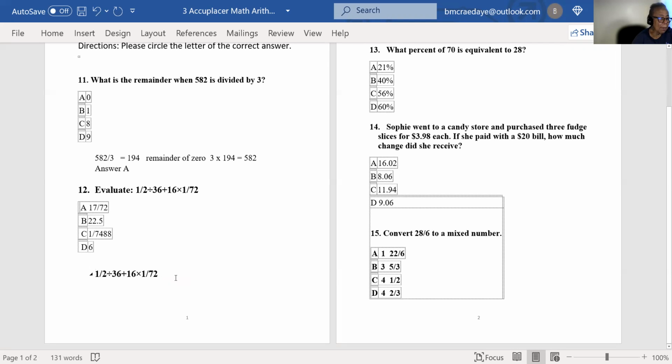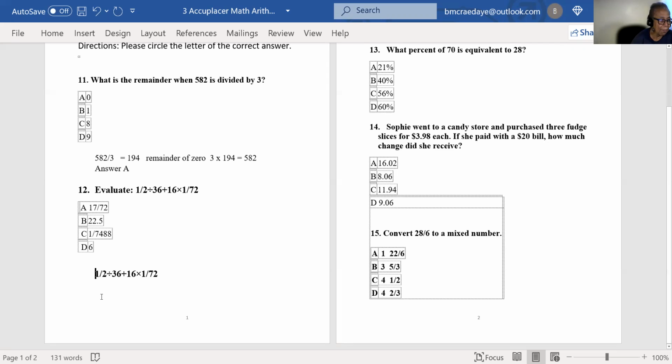Okay, so we do our division, all right, and multiplication. So 1/2 divided by 36. Remember what I said, when you're dividing, you do what? Leave the first fraction the same, change the operation, and flip it.